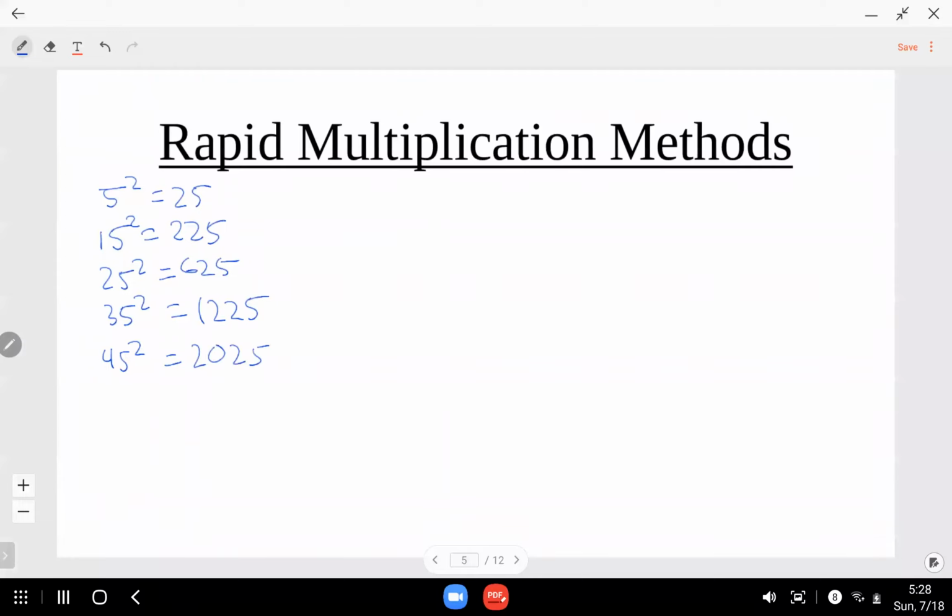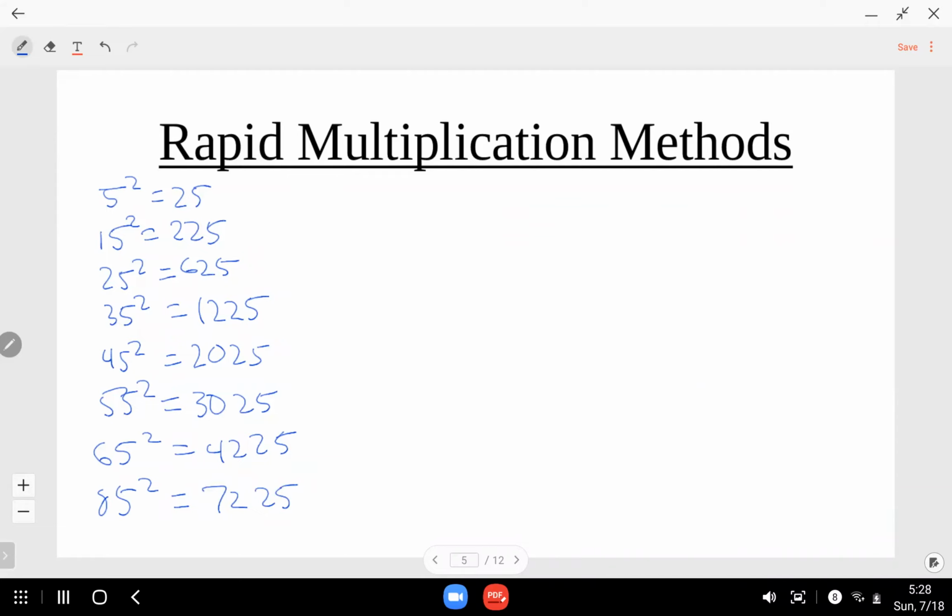Now, 55 squared is going to be equal to 3025. 65 squared, 4225. All right, 85 squared. Sorry, we just skipped 75 squared, 5625. 7225. All right, can you see a pattern here?